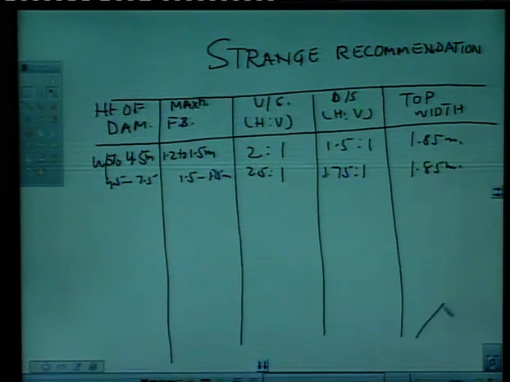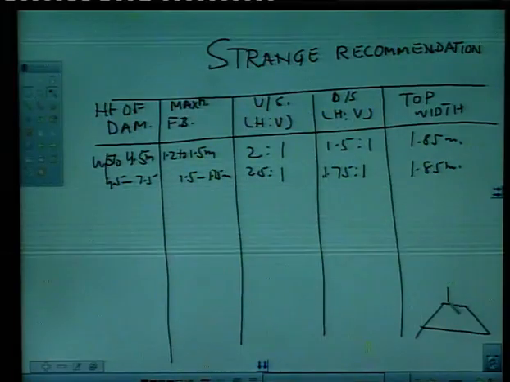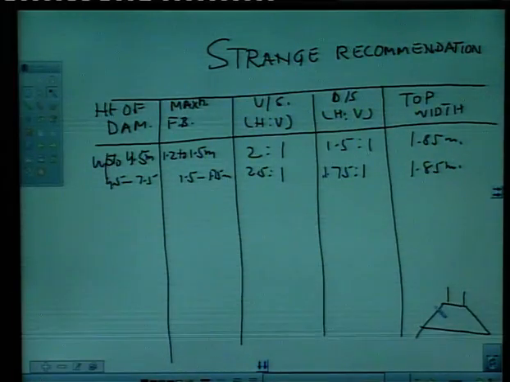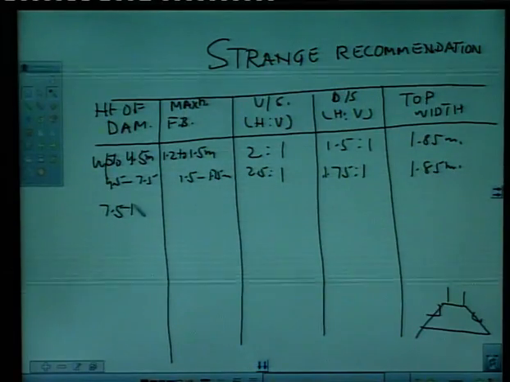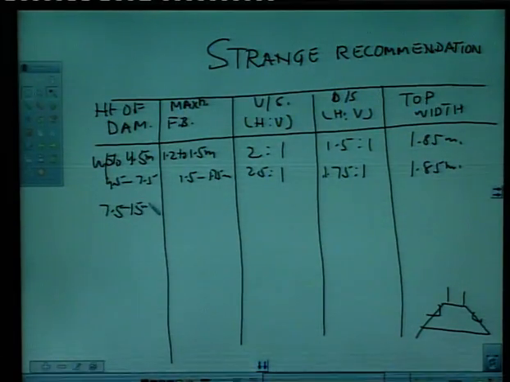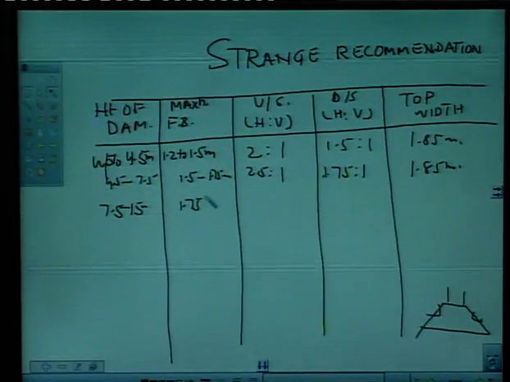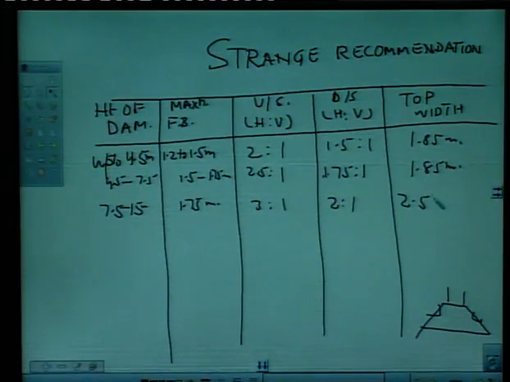So, this is the dam section, then this top width, this is my upstream slope and this is the downstream slope. Then for 7.5 to 15 meter: 1.75 meter freeboard, slopes 3:1 and 2:1, top width 2.5 meter.